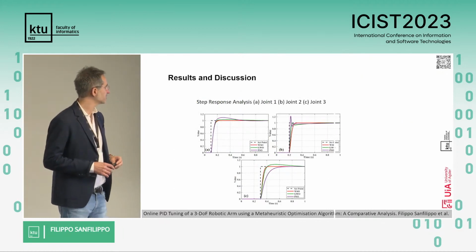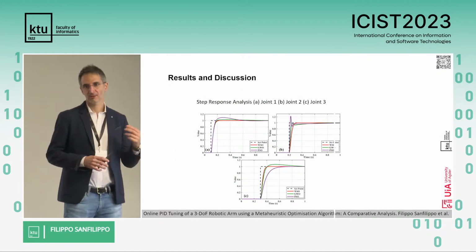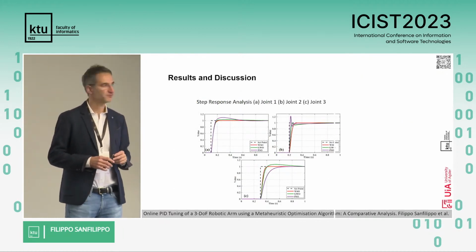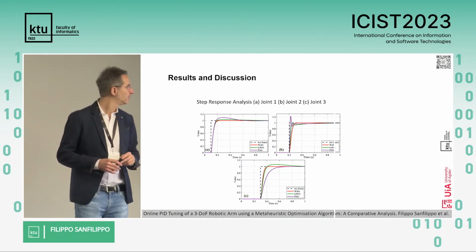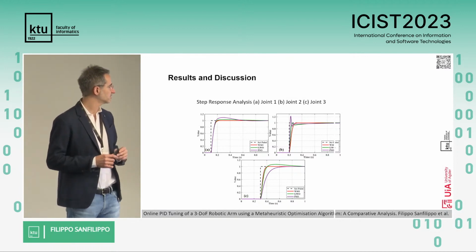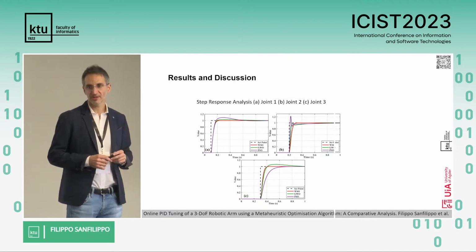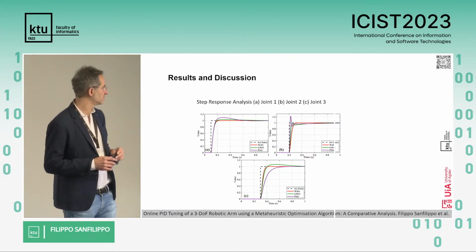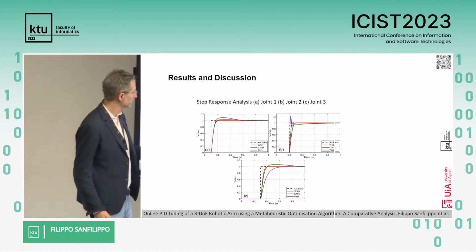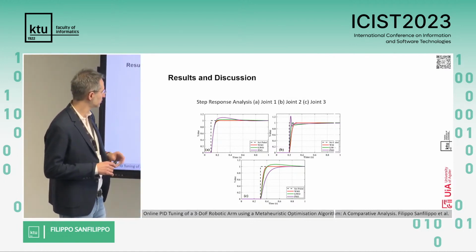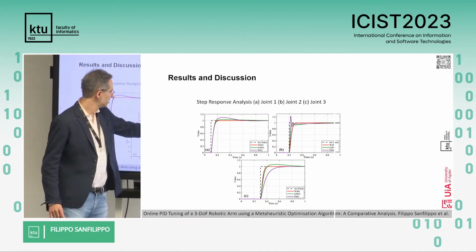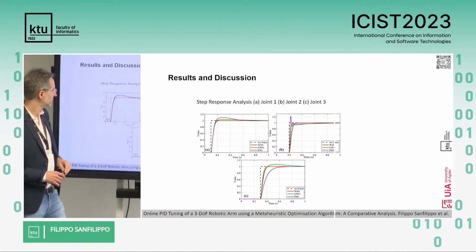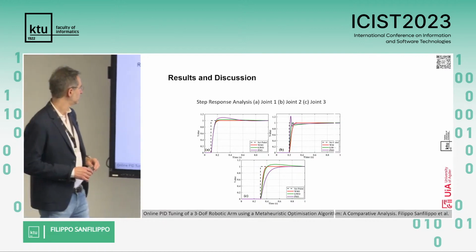And here are some more results related to how good the response of the controller is to a step input. That means how fast the algorithm is converging to the desired position. Here, red is the proposed algorithm, green is gray wolf, and purple is particle swarm optimization.